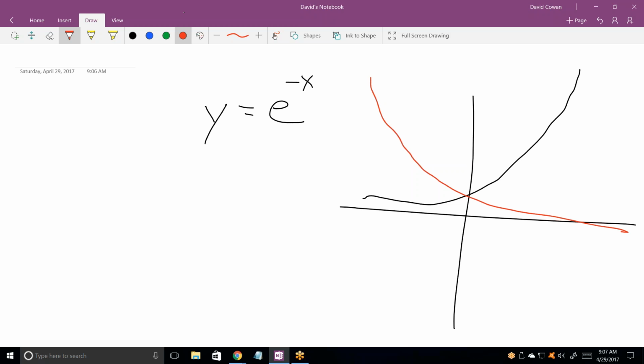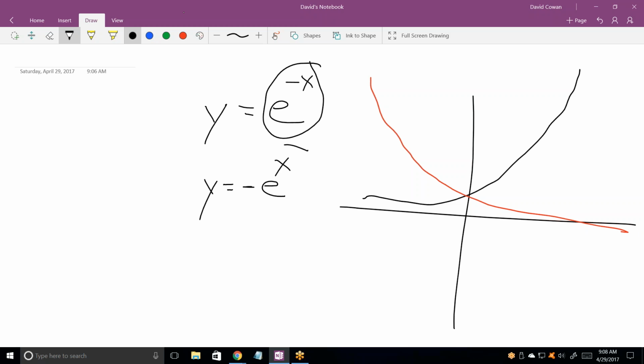Okay. Here's the thing. That's a horizontal flip. All horizontal transformations are inside the function. Vertical transformations are always outside the function.